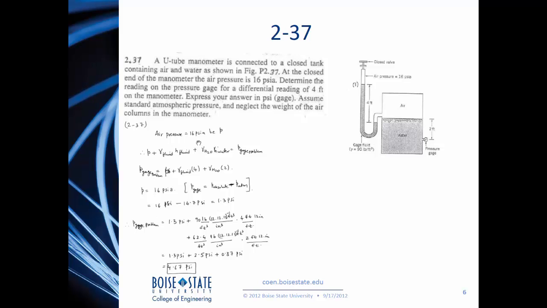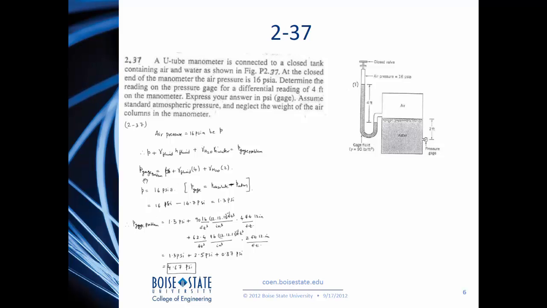Air pressure is 16 psi. Let's take that as P for this case. So P plus gamma of the fluid times the height of the fluid. If I start here, I go down the tube, and since it is the same fluid here, I can march along, plus gamma water times h water, which is equal to the gauge pressure here.